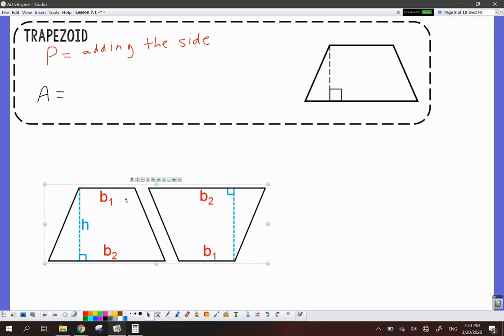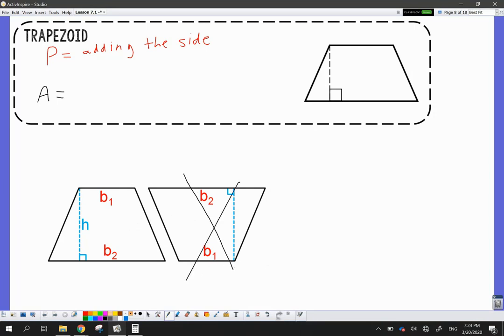Now, interestingly enough, because of the way I cut, this side is the same as this length. And of course, my height is still the same in both trapezoids. So what this means is I have, again, two congruent trapezoids. But since I want the area of just one of these, I want to get rid of this one.